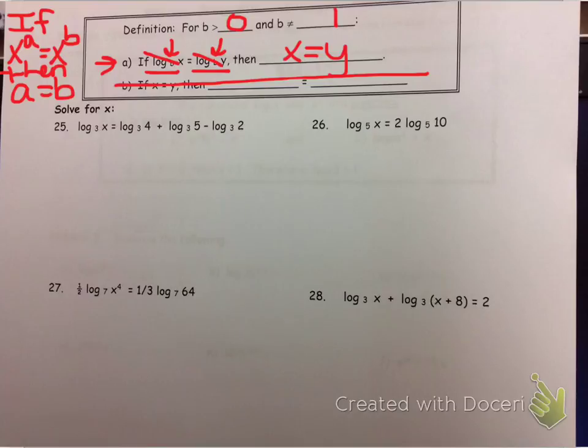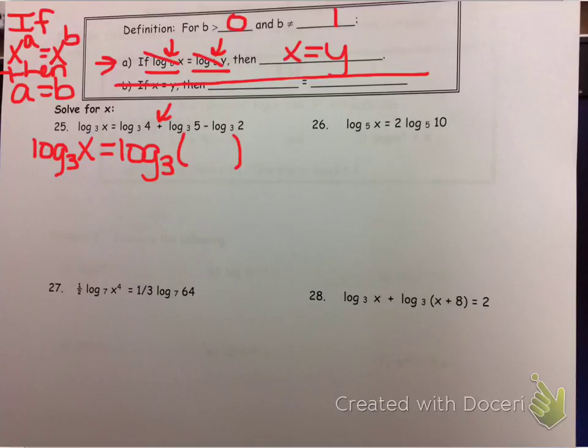Okay, so what that means is that you've got to have a single log on each side of the equation. So on 25, the left side is already good to go. It's already got a single log. Okay, but the right side we need to compress or condense. And so I'm going to put these into a single log.